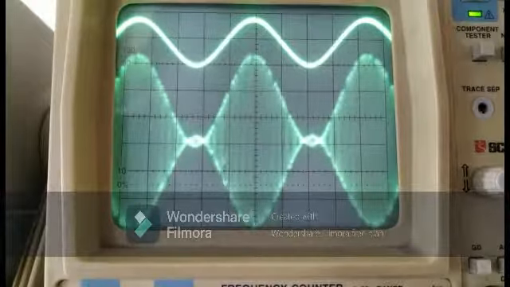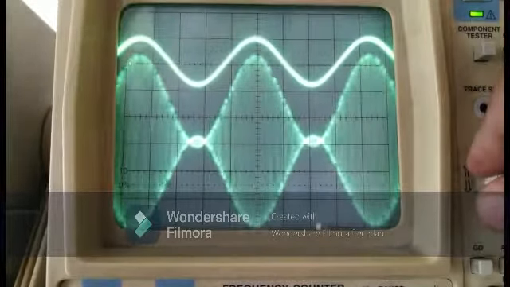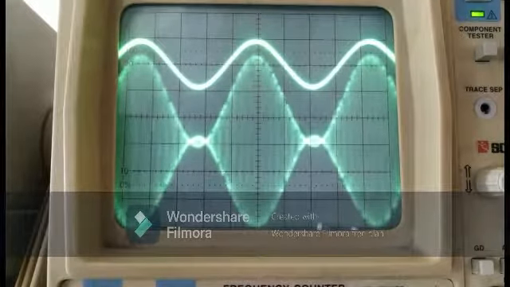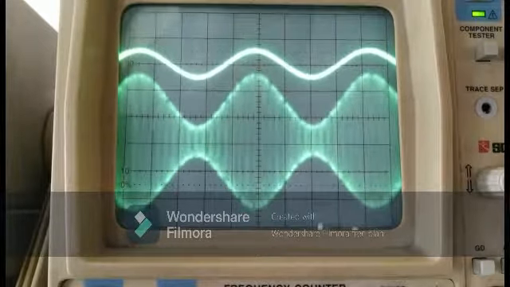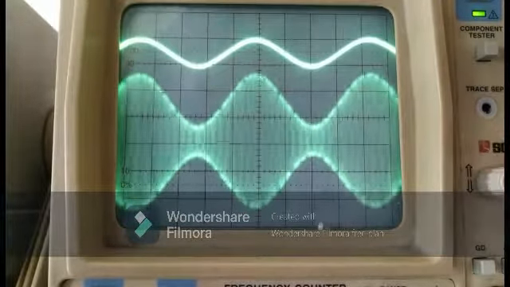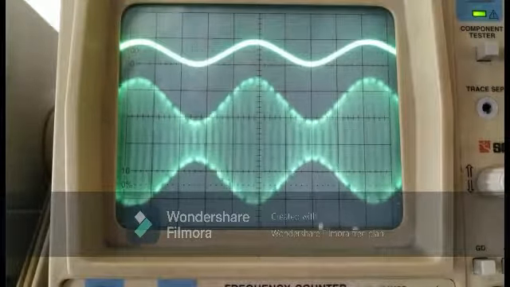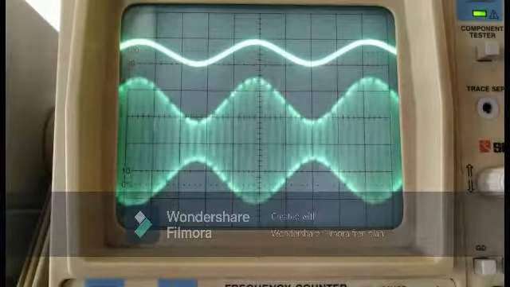Now we will vary the amplitude of Vm. So I will set this to 1 volt peak to peak. So now its Vm is 1 volt peak to peak.